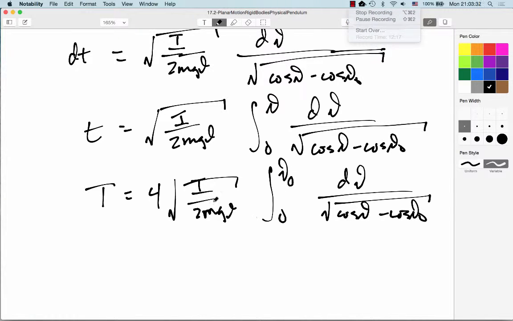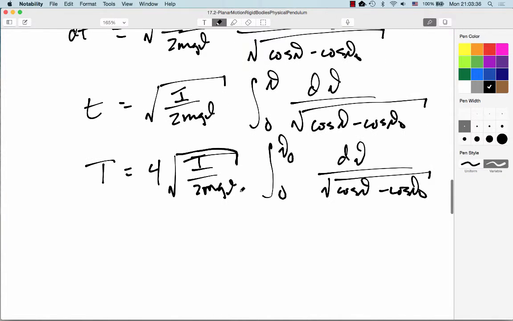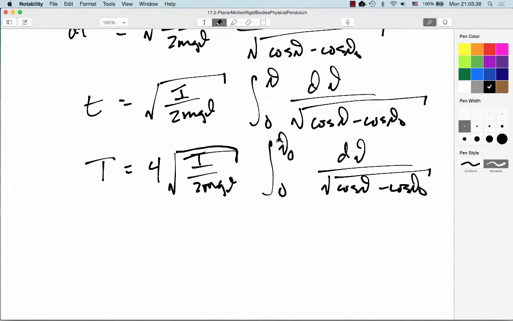Okay, so the total period will be the same thing with a 4 in front and integrating 0 to theta naught. Now these integrands have names, and they are, but we'll get to that in a second.